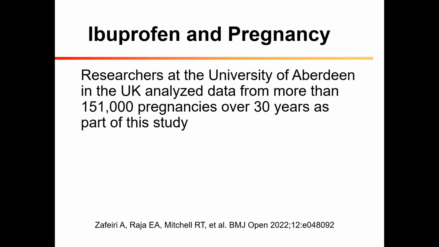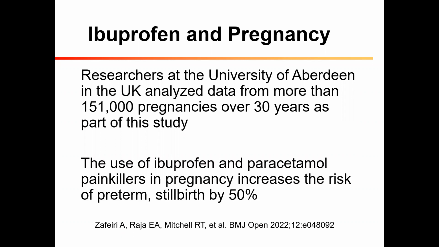Now, I just showed you one gender effect. This paper came out just in 2022, and it showed that researchers at the University of Aberdeen analyzed 151,000 pregnancies over the last 30 years to see how ibuprofen affected it. And the results were startling.